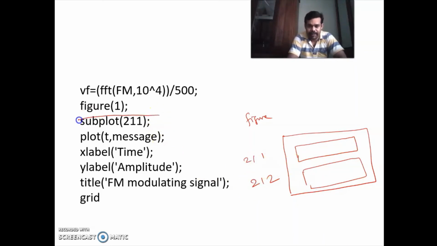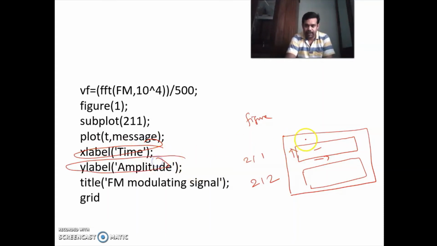First we define the first subplot, 2,1,1, and plot t comma message, which will plot the message signal. In the x axis you give time, in the y axis amplitude, and in the title FM modulating signal. You are making the grid, which means the graph will have boxes.